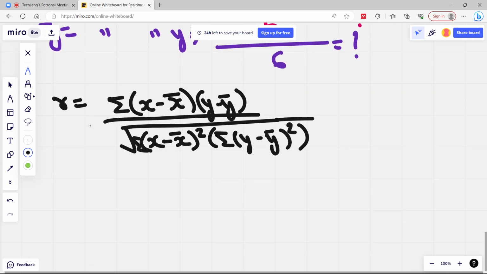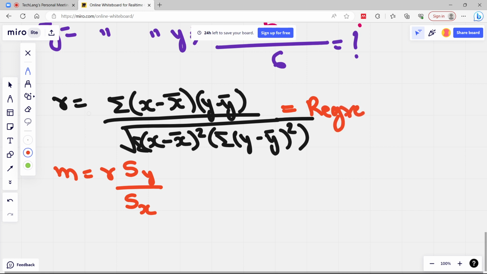Once you get the s and r values, you can calculate the m value. So m is r times Sy upon Sx, the standard deviation of y upon the standard deviation of x. What is r here? R is called the regression coefficient, and it can be calculated using this formula.